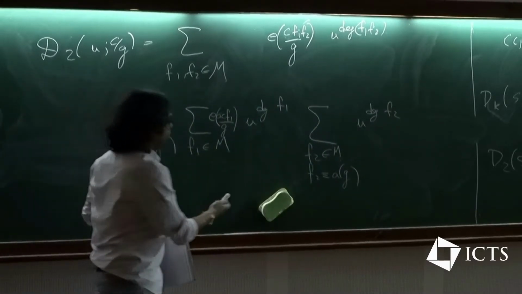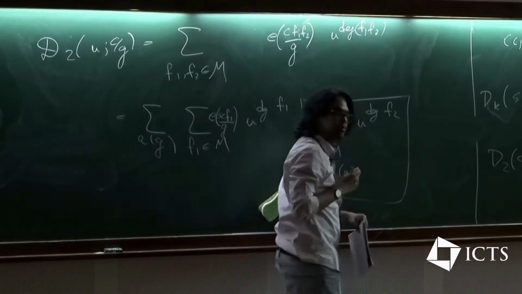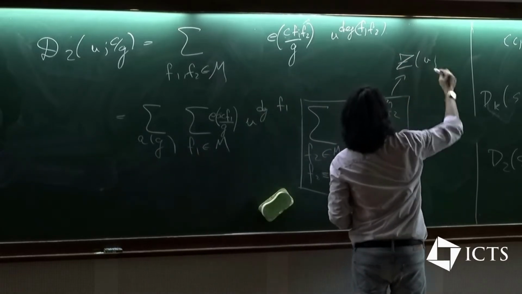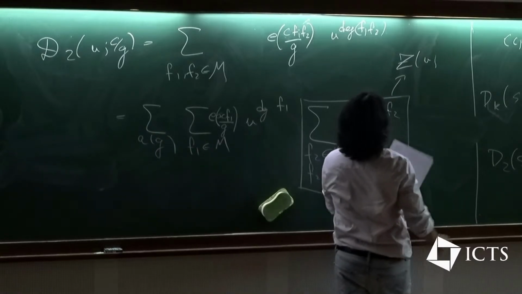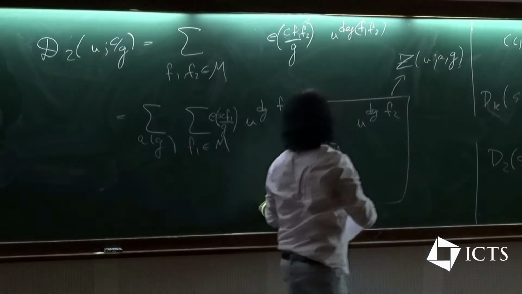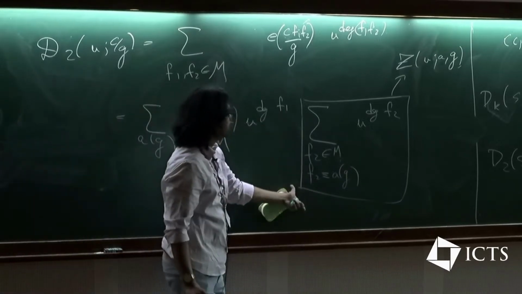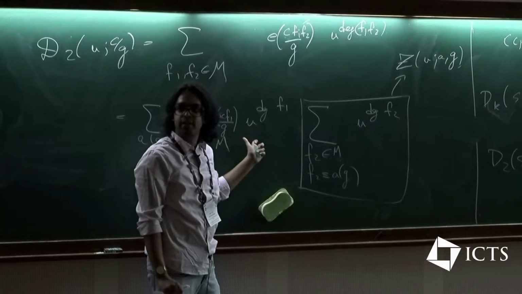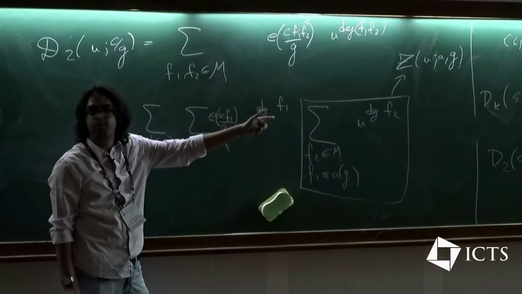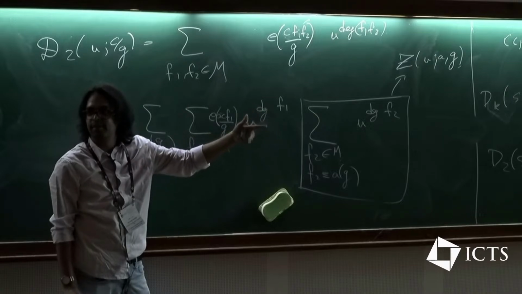I call this guy the Hurwitz zeta function in the function field setting. It's not exactly what I would call the Hurwitz zeta function, but I'm going to call this Z(u; a, g), so it depends on the congruence class and the modulus. This bit doesn't depend on f1, so you can close the f1 sum as well, and it's something I've already written down before. In the expression for d_k, if you put k equals 1, the divisor function disappears, since there's only one way to write f as a product of one element.